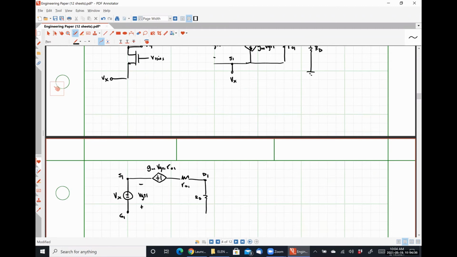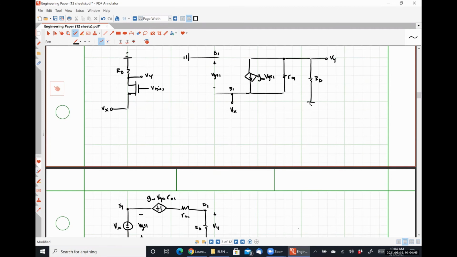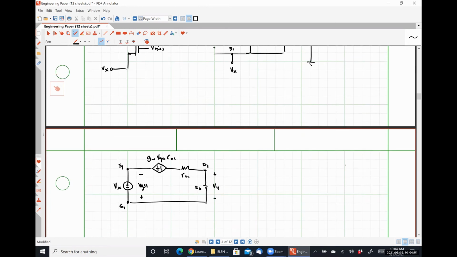This is our drain, and our voltage Vy is the voltage drop over that resistor RD with respect to ground. So everybody okay with my Circuits 1 drawing of our small signal model so that I know how to analyze it? All right, so it should be fairly straightforward here.